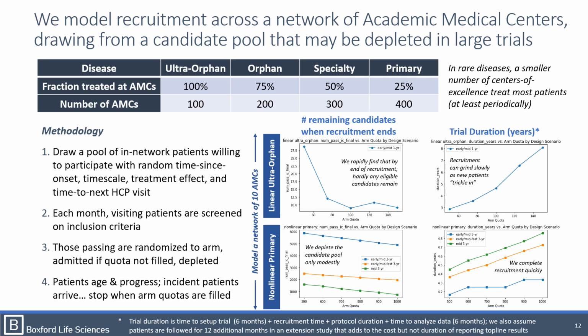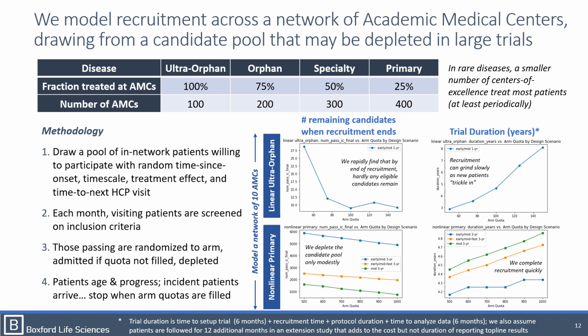And so we have a greater leverage of a relatively smaller number of centers than in specialty and primary, where many different hospitals and major medical centers treat these patients, and we also have patients being treated outside of an academic medical center basis as well.